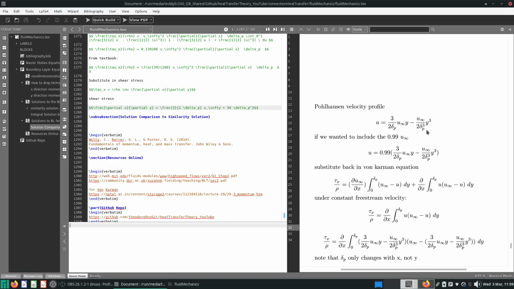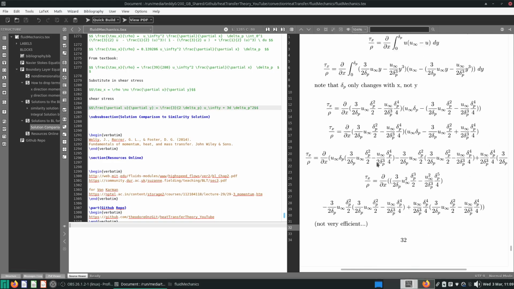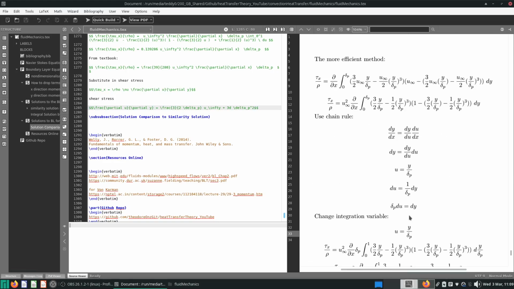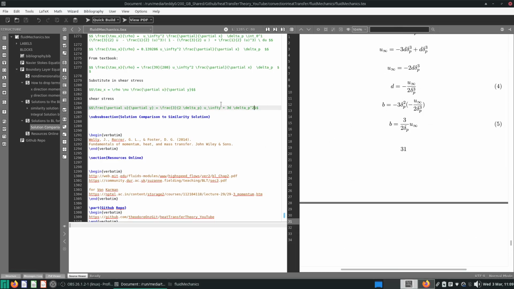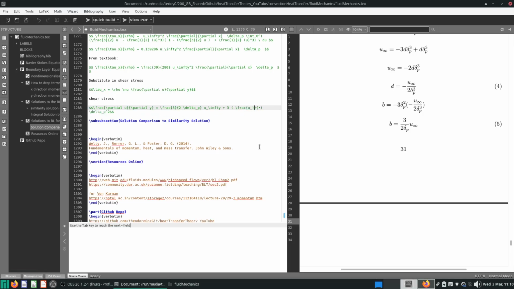Yeah, what's d first? Let's go. Oh shucks. D is minus u infinity over 2 delta p cubed.